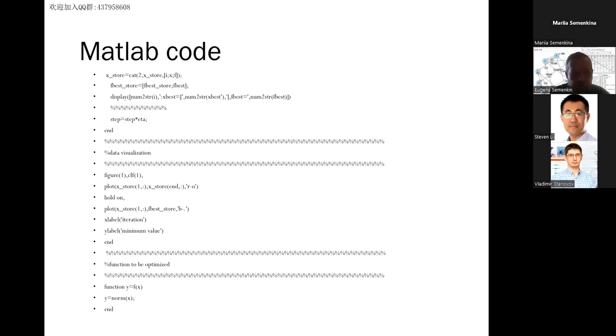Because people usually have a concept that evolutionary computation has a high computational burden, because you usually have multiple particles, and therefore maybe you cannot run it on embedded systems. But the algorithm we propose is really simple, just four lines of code.